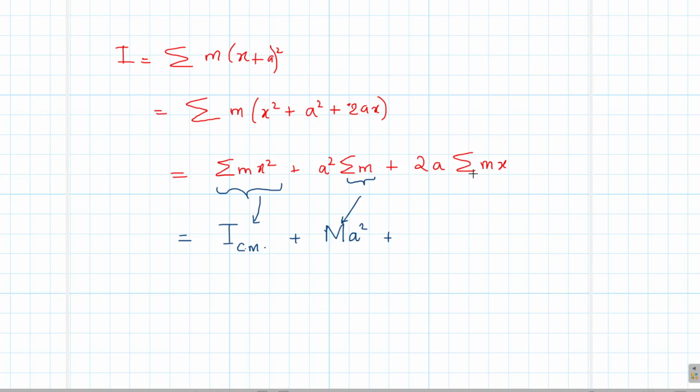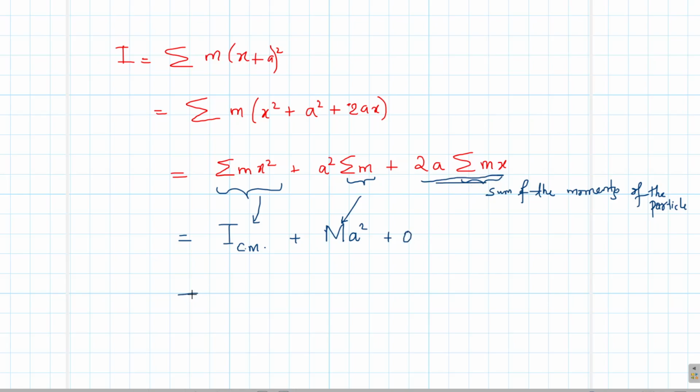Summation over mx actually represents the sum of the moments of the particles. It is actually 0. If the body is balancing or not breaking, this means that the sum of the moments of the particles is 0. So this term is 0.